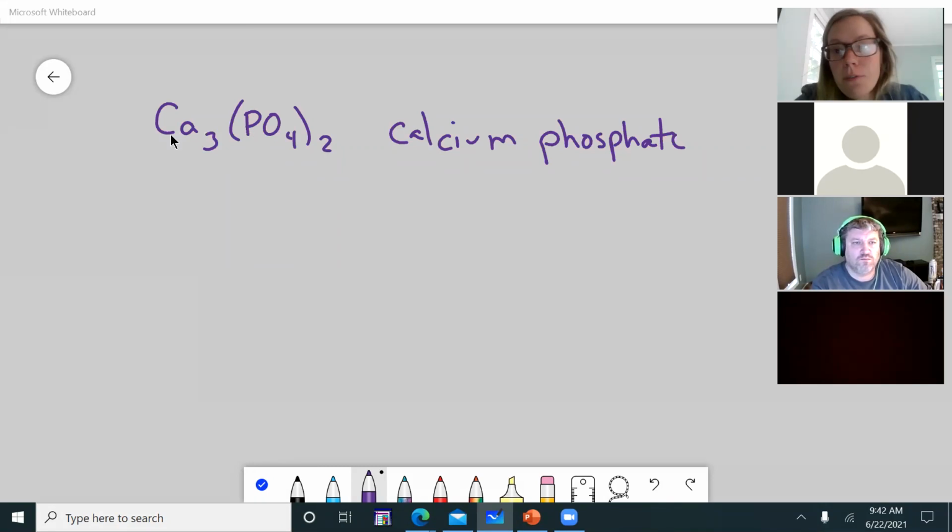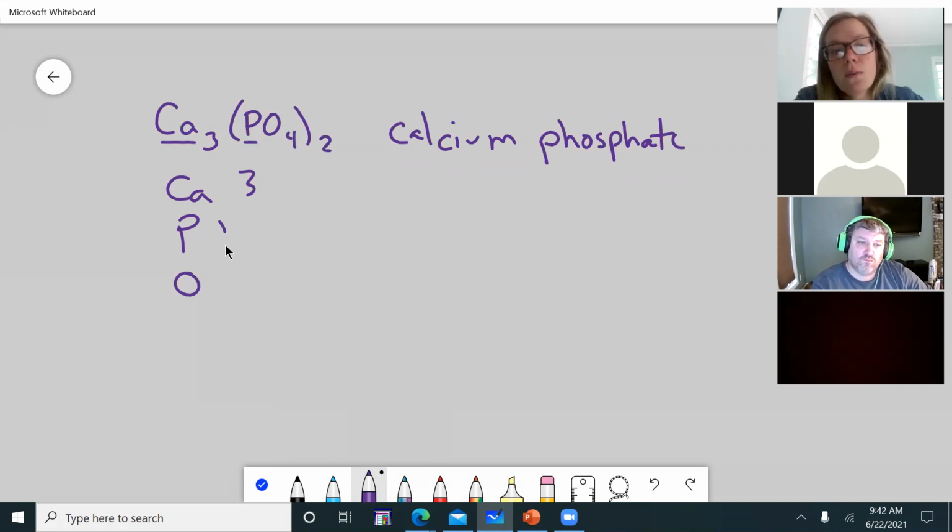Okay, so there's 3 different elements. We've got calcium, phosphorus, and oxygen. The number of calciums, pretty easy. There's a calcium and there's the 3 that's associated with it. So we just have 3 calciums. Phosphorus, there's 1 phosphorus within the parentheses, but there are 2 of these packets. You want to think of these polyatomic ions as like little packets. So we have to have 2 of them.